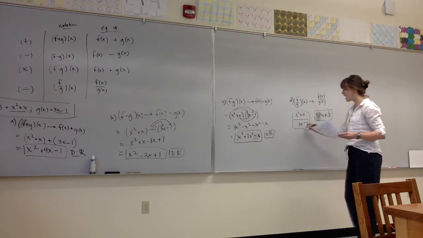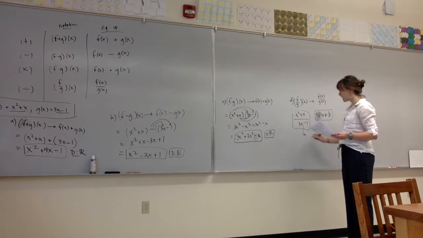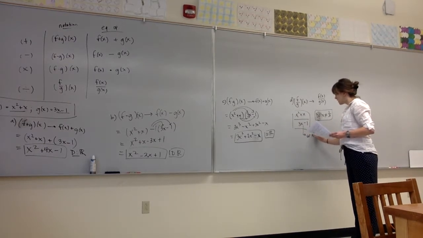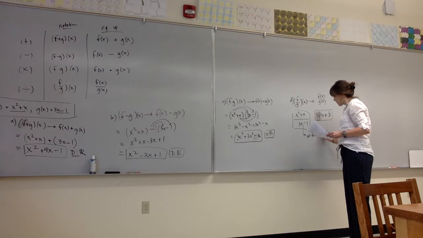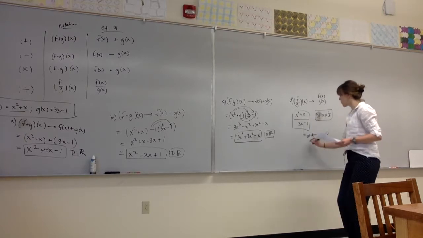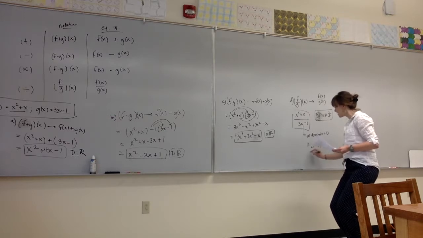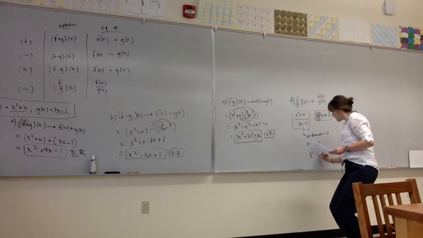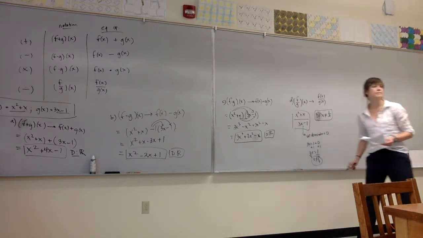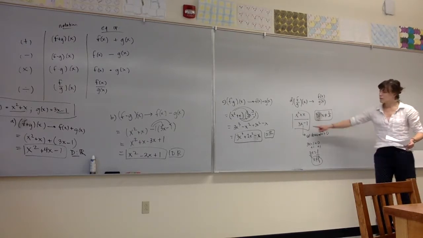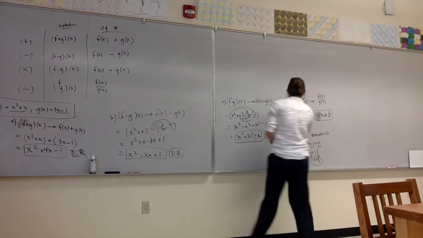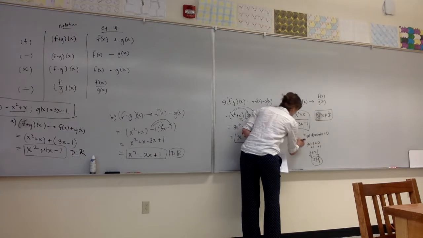The way I got that is that I set the denominator equal to 0. So 3x minus 1 equals 0. Add 1 to both sides. 3x equals 1. Divide by 3, x cannot equal 1/3. Okay, what? Yeah, because if I have anything over 0, it's undefined.